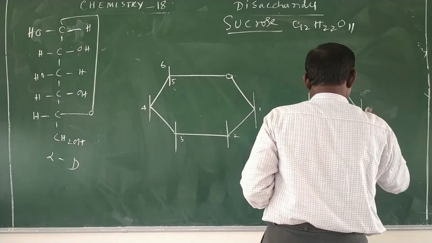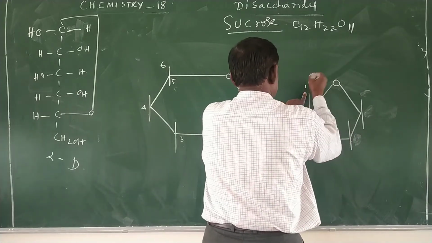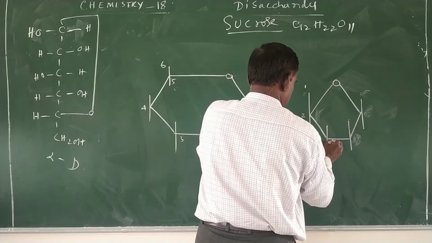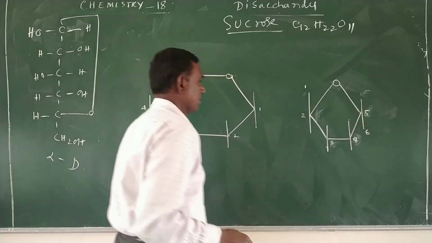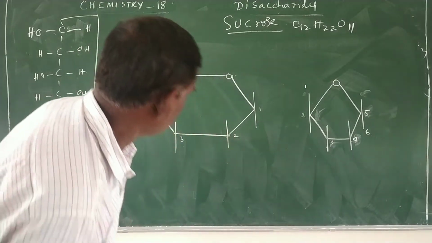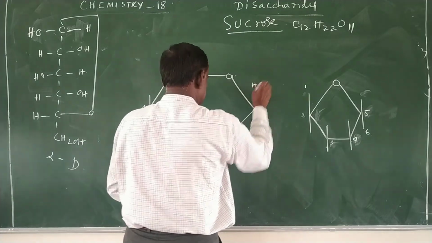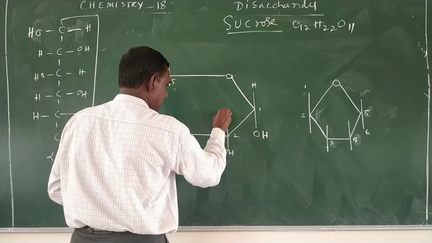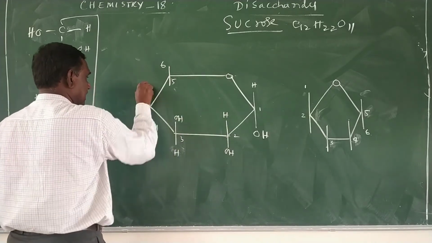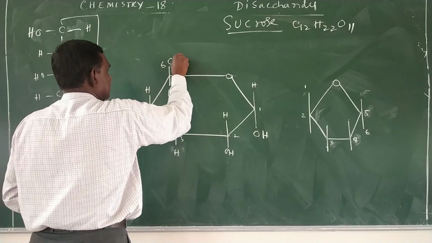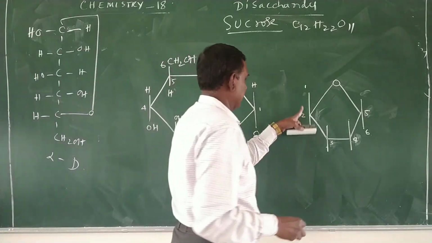Alpha D means this is OH, this is OH, this is H, this is OH, H, H, OH, OH, H, H and CH2OH.